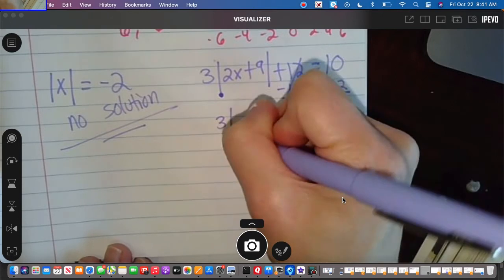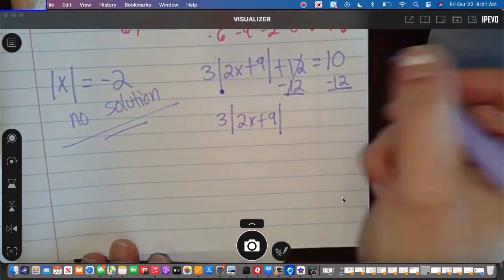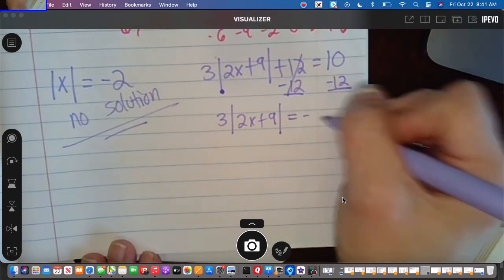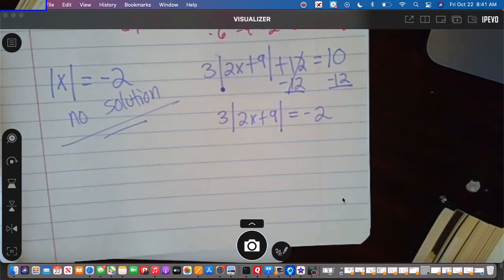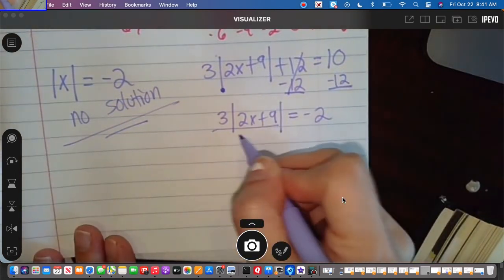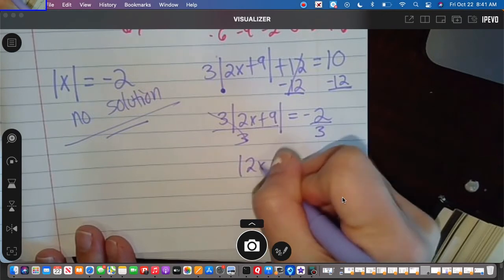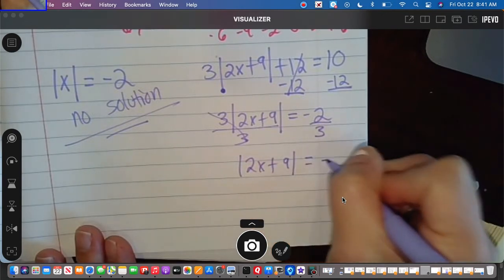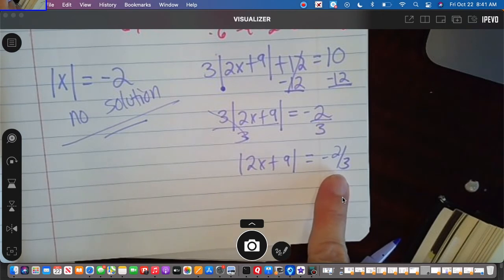So I still have 3 times my absolute value, which is what I'm trying to get by itself, equals negative 2. Then what am I going to do? I've got to get the absolute value by itself. Divide by 3. And over here I divide by 3. So let me bring everything down. Now, can a distance ever equal a negative number?